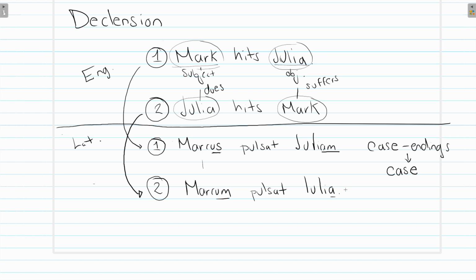Notice that the shapes of the nouns, and more specifically the case endings of the names, have changed because Marcus has become Marcum, and Juliam has become Julia. Even though the order is the same, these two phrases mean the opposite. In the first one Mark hits Julia, and in the second one Julia hits Mark. This is, again, thanks to the endings.